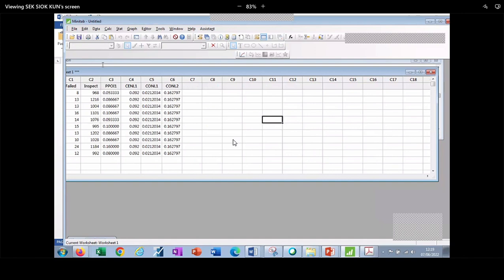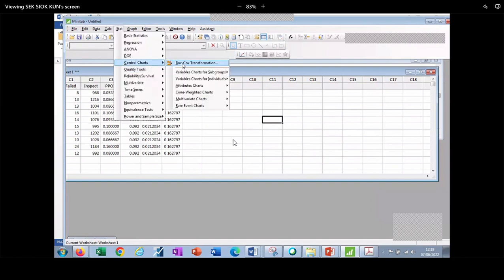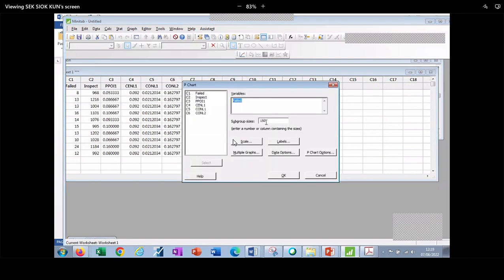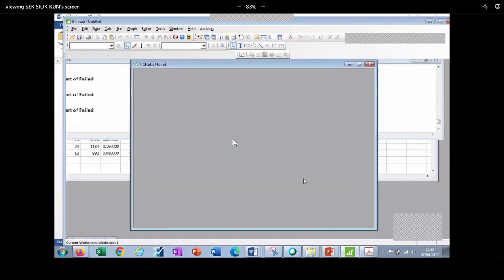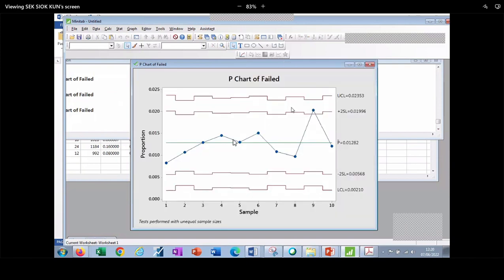After that, I try again, but now the P chart has a different sample size, which is determined by column 2. So column 2 is the sample size, which are different. From here, you can see this is the variable sample size, and these are based on 2 sigma.